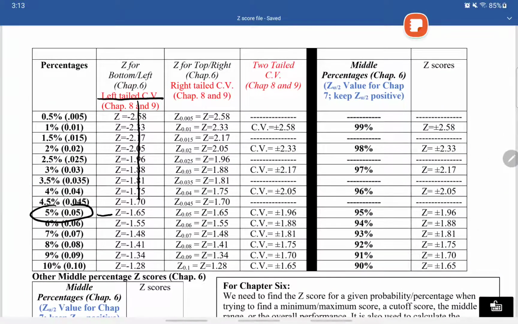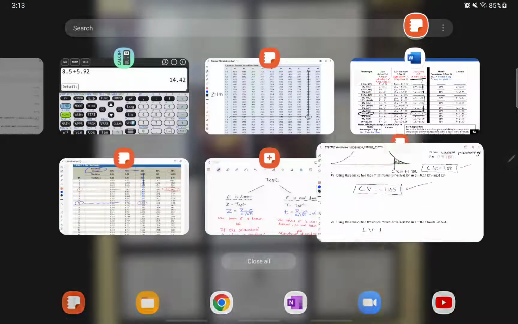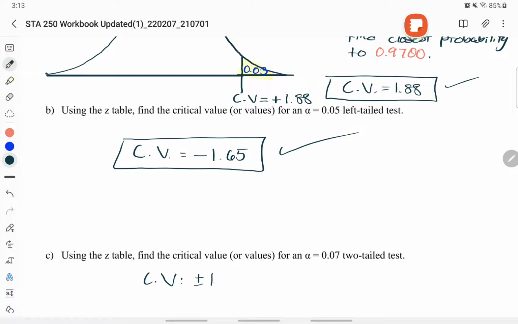So go back to the z-score file. This is a two-tailed critical value, 0.07. And the answer is positive and negative 1.81. Plus or minus 1.81.